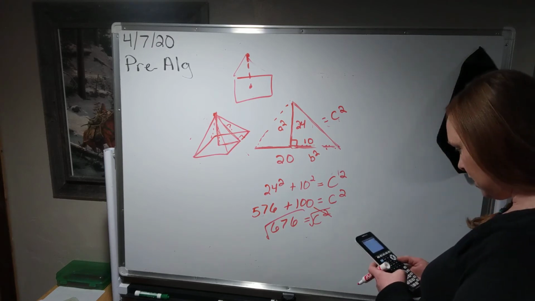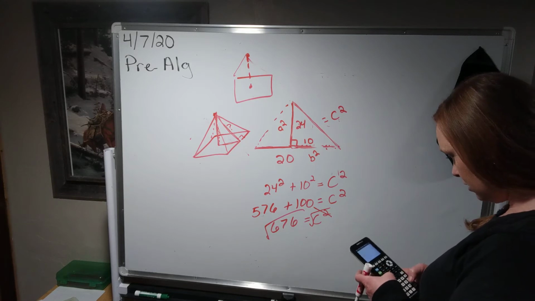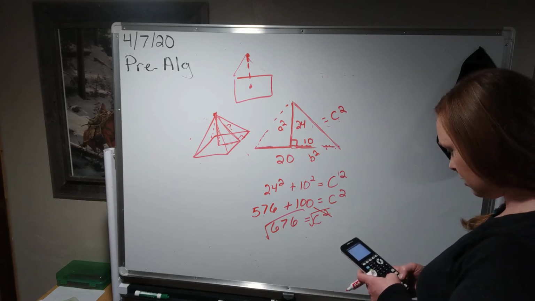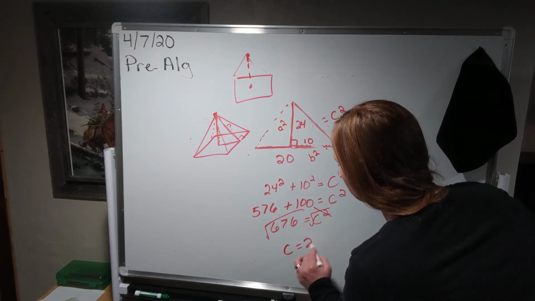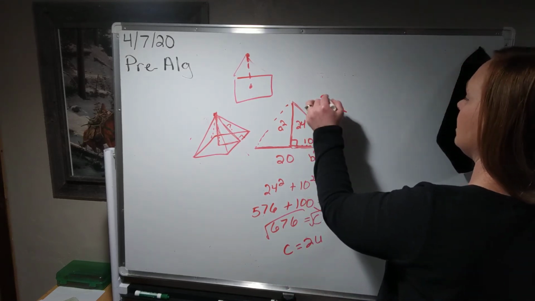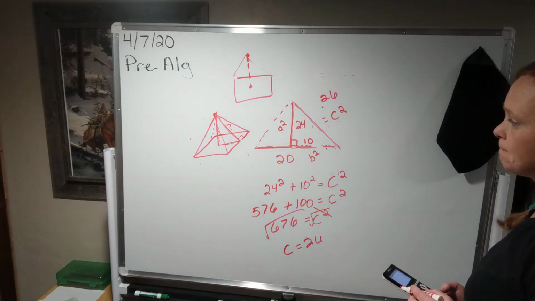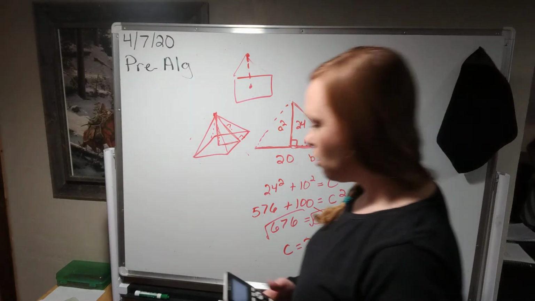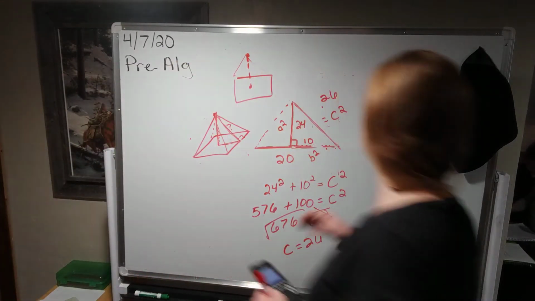So I'm going to pop that in my calculator. Second square root of 676 equals 26. So c equals 26. So this side equals 26. Okay, so I hope that made sense to you, and we got that correct.